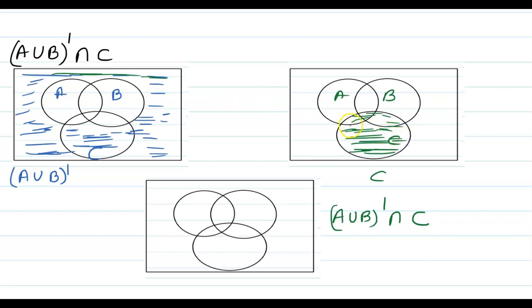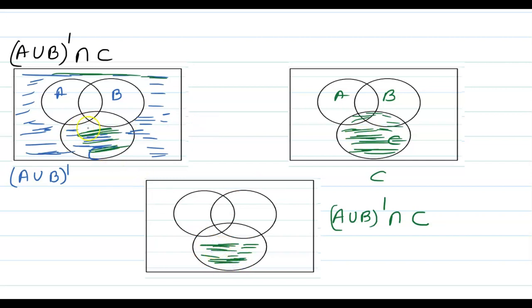So what is common here? Here C is shaded, C is shaded, and here also C is shaded. So this is our common part. C is shaded here and C is shaded here, so let's shade it down. This C is shaded.